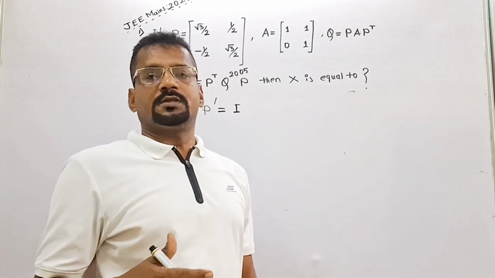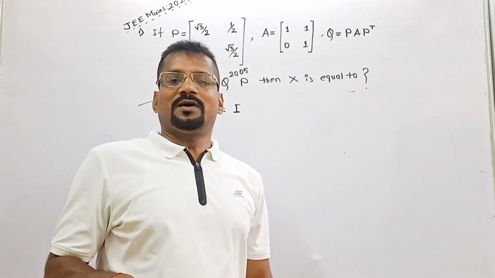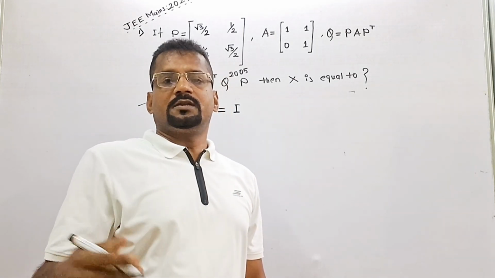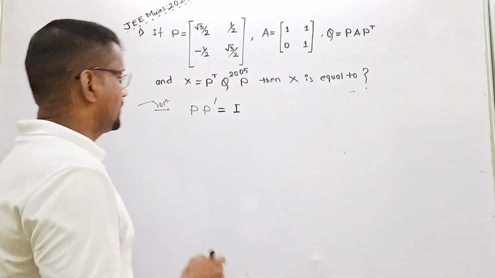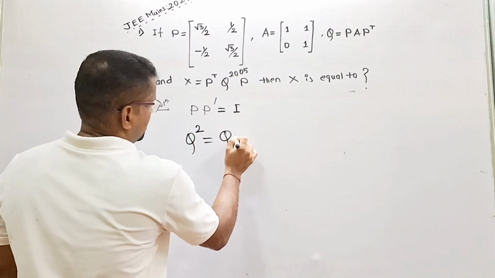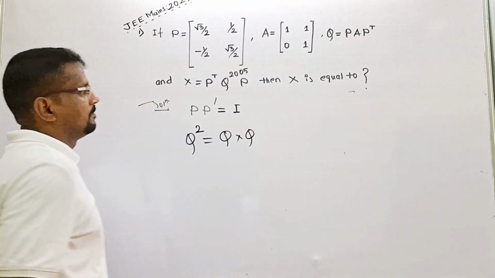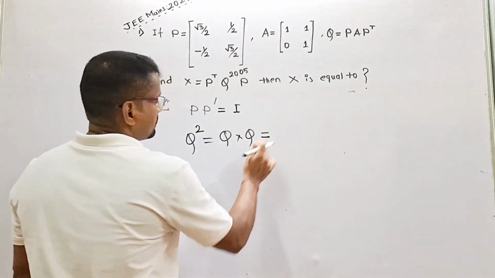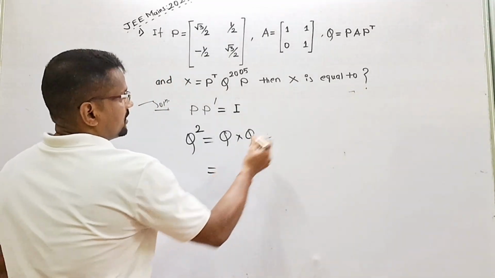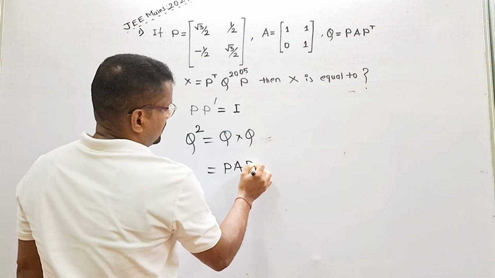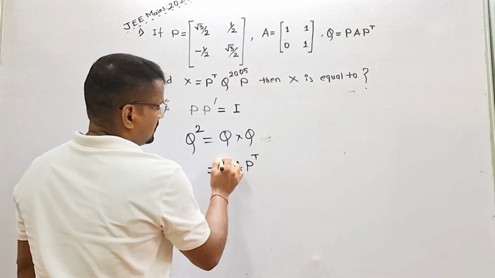Now we are going to see what pattern we find when we multiply Q 2 times, 3 times like that. For that, let us calculate Q square. That is nothing but Q into Q, matrix multiplication, and simply you put the value of Q. Q is given to you: P, A, P transpose.